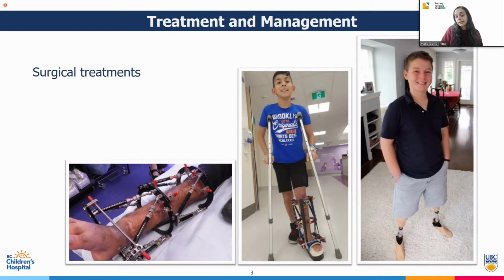On the right-hand side, there's a child who had bilateral amputations done right after their birth due to their congenital lower limb difference condition. So both of these treatment options come with their inherent risks and complications, which can impact the child and their families in many different ways.